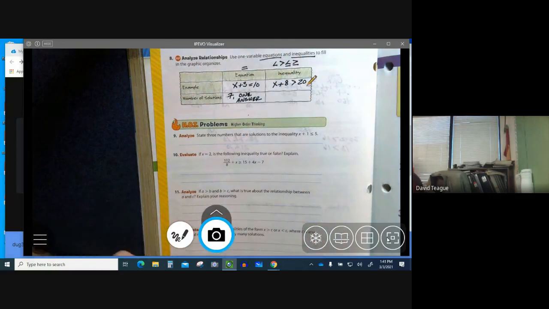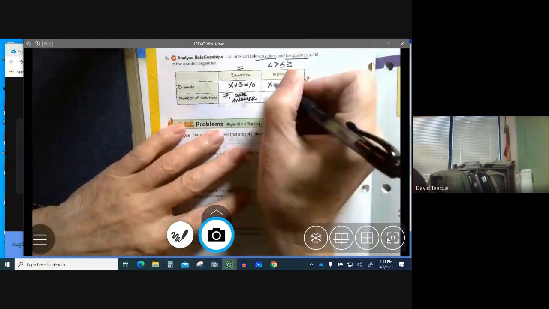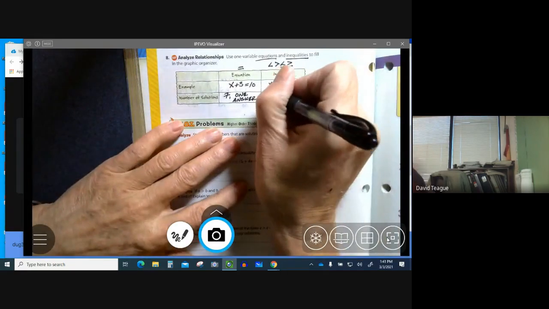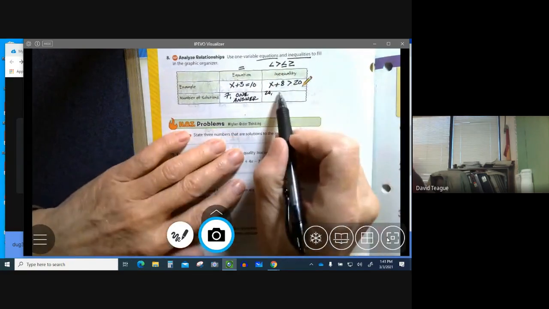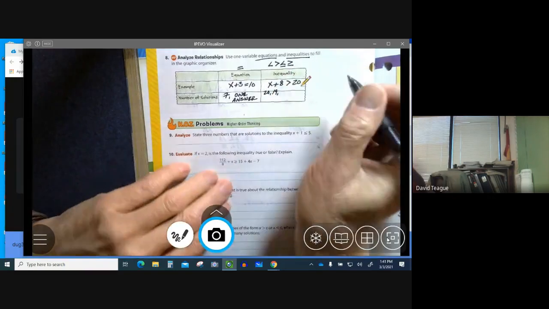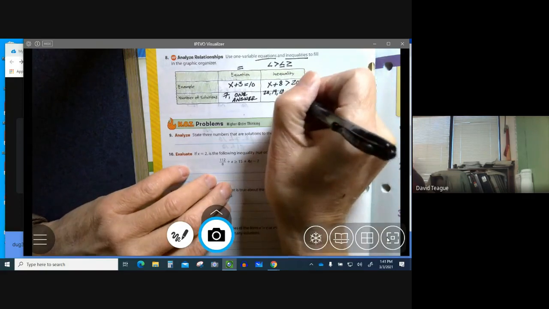What's a number that I could put in there that would make that a true statement? 20, yeah. So 20 plus 8 is 28. 28 is greater, right? Would 19 work? Yep, 19, would it work? Would 18? Yeah. 18 would work. Would 17 work?